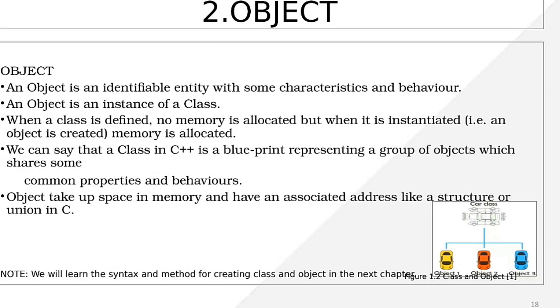So what is an object? It is an entity with some characteristics and behavior. It is an instance of a class. When a class is defined, no memory is allocated. We can say that in C++, it is basically a blueprint.